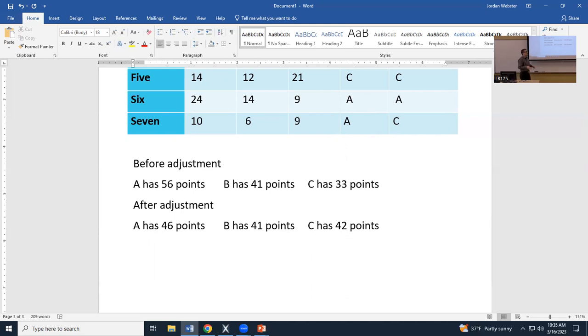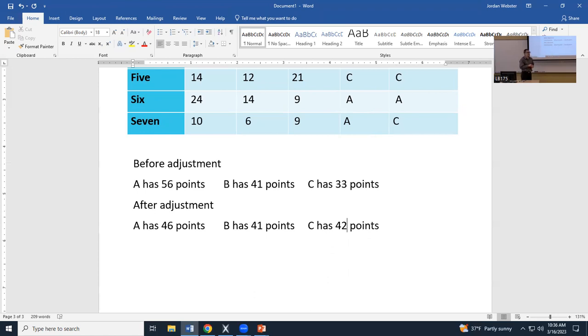Now again, we don't perfectly balance the points here, but that's all right. Everybody walks away with close to the same amount of points and with more than their fair share as they see it. Remember, 33.3% is fair share. A got 46%, B got 41%, and C got 42%. So all of them think they walked away with more than their fair share.